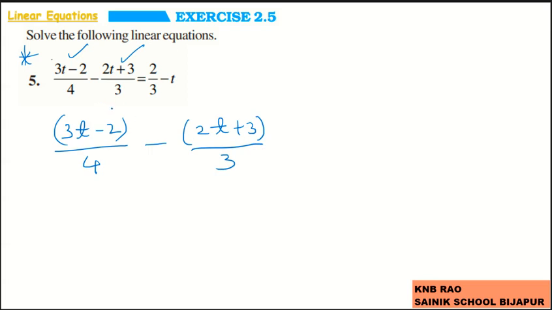There is a difference in what I have written and the question given, but the only difference is putting this 2t plus 3 within a bracket will let you not go wrong. Though these two are the same, meaning is the same, there are great chances of you going wrong if you do not give this bracket for the binomial 2t plus 3.